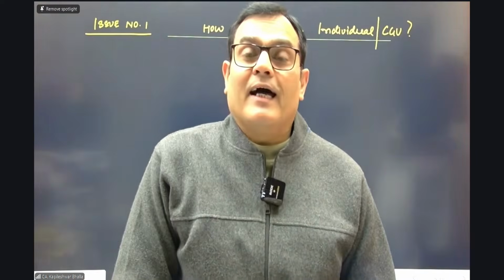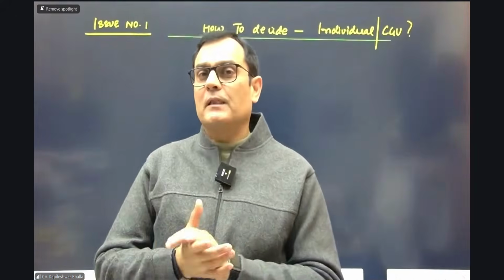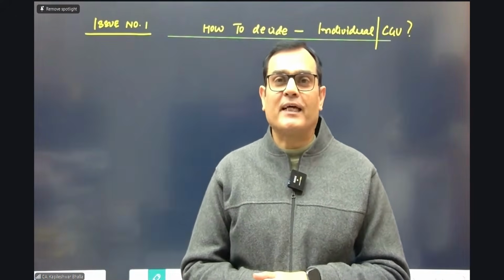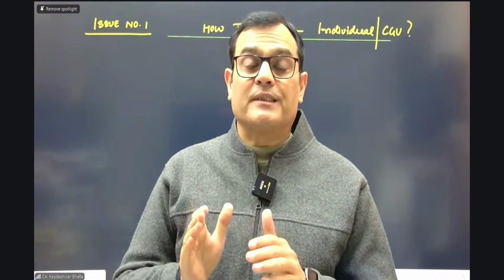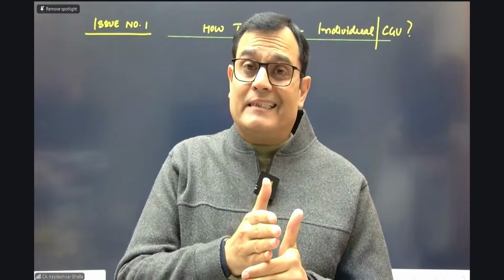You know, I have actually created another 3-step model in terms of this parameter as well. I always tell people that, if you want to decide the impairment testing is done at what levels, you need to put 3 questions to yourself.